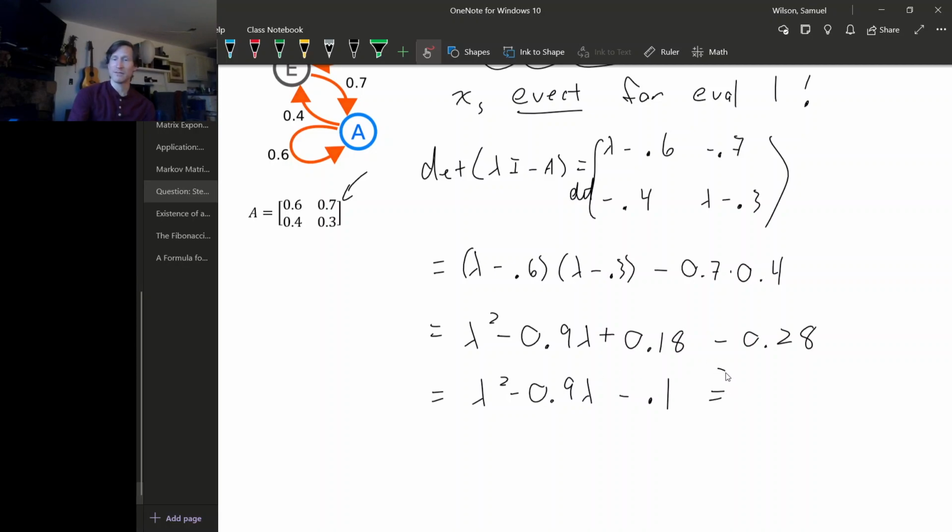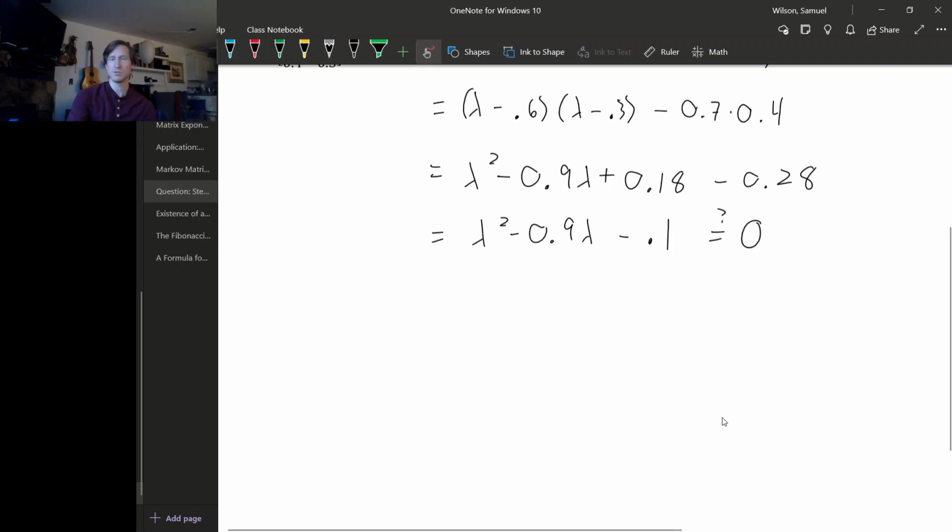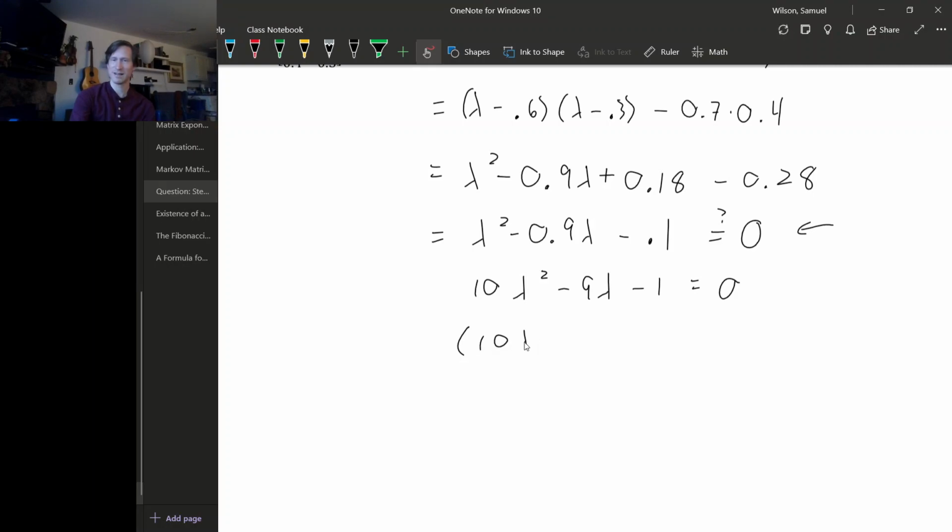So we have to check if we set this equal to 0, what do we get? And so I'm going to multiply. So now that we have this equation, I'm going to multiply this equation by 10, just so that I don't have to deal with the decimals like this. And now that I've done that, I see that this actually factors. So this is 10 lambda.